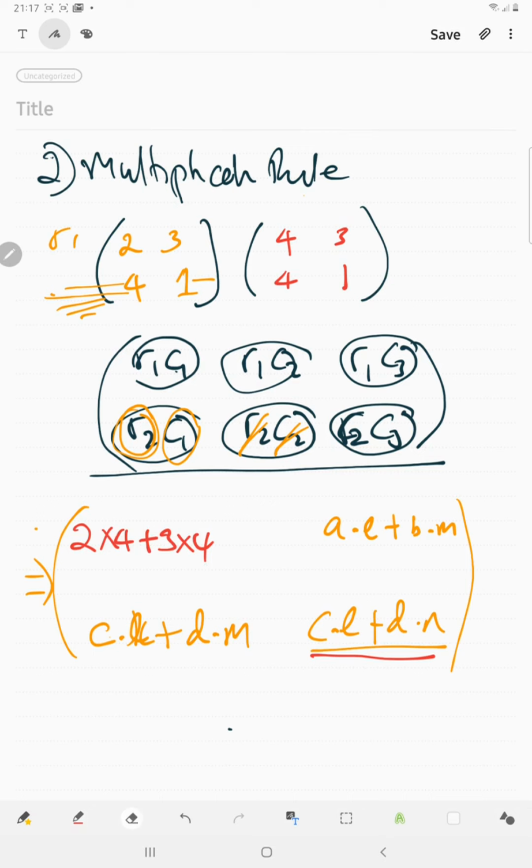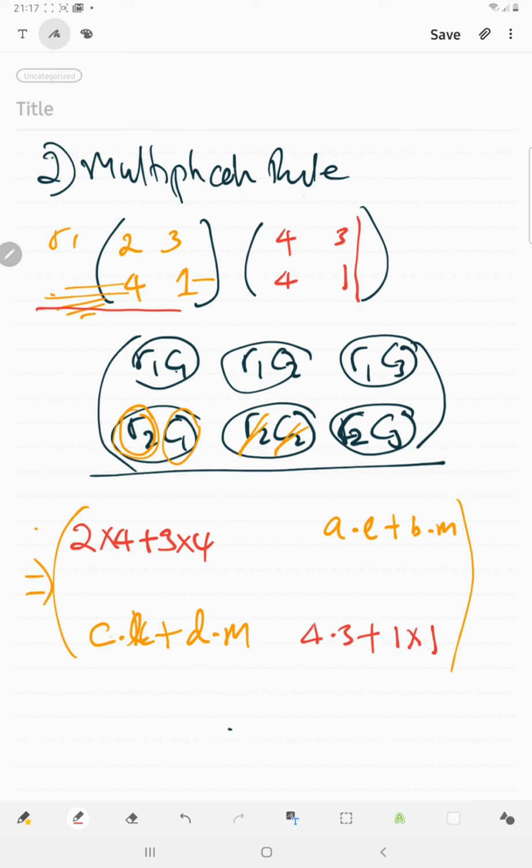And then for this other one, because that one is row 2 and column 2, it will be 4 multiplied by 3 plus 1 multiplied by 1.